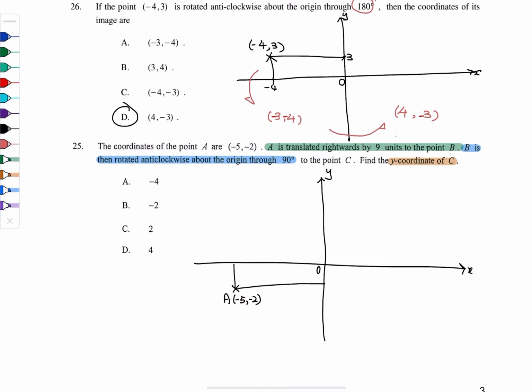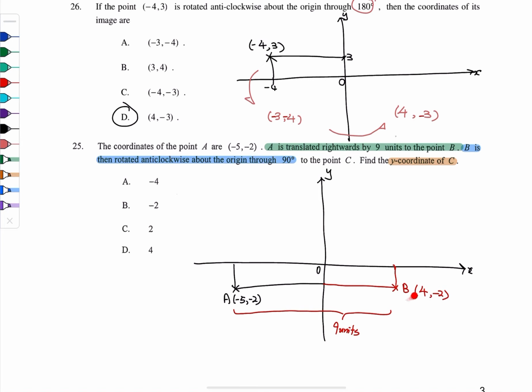You're at negative 5, so you're going to the right side for 9 steps in total. 5 steps here, 4 more steps there. So it will be at 4. Your new one, this is your B. 4, and the height doesn't change. Height means the Y coordinates.